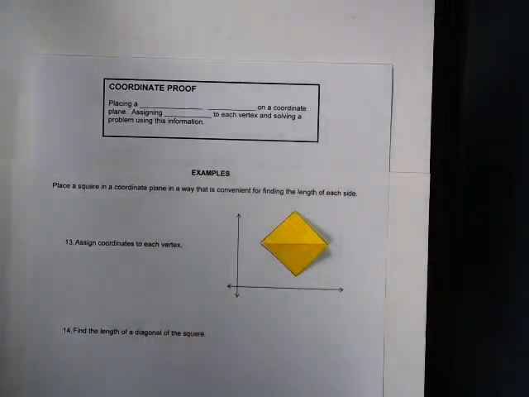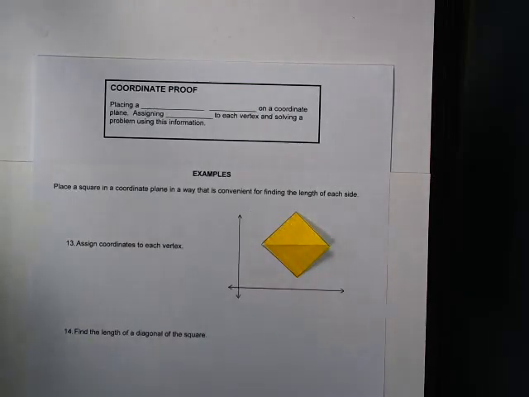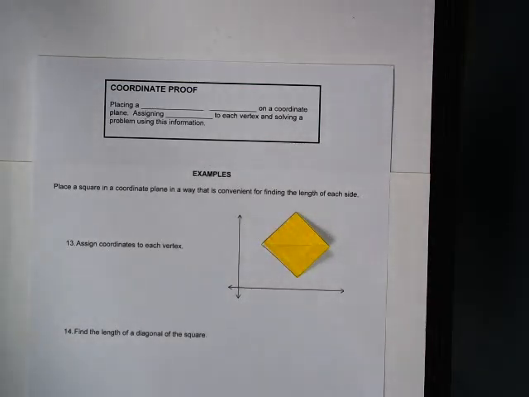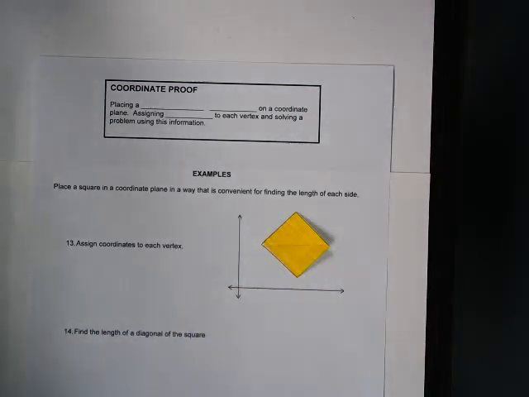Okay, so coordinate proofs. Oh, wait a minute, there was another page before that said more examples. Okay, so we did the more examples, and so now we are ready to move on to coordinate proofs.